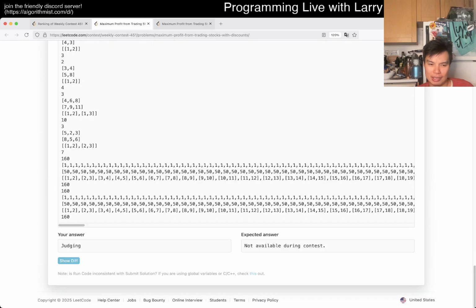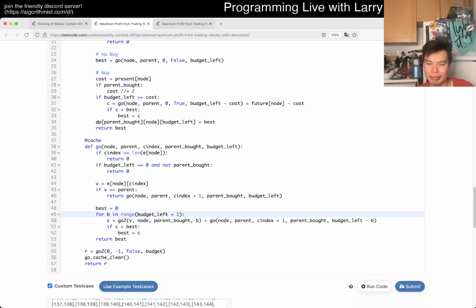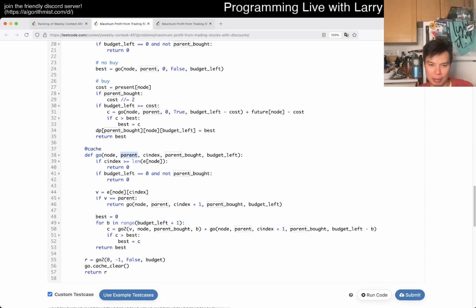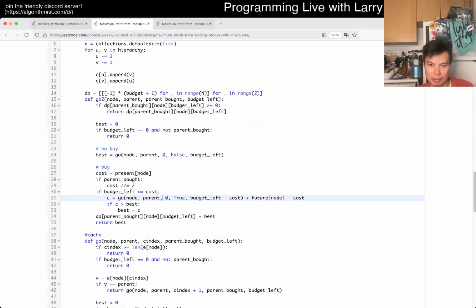Oh, that's why it's faster, because it was running smaller numbers. But I guess here we don't care about a parent. Oh no, we do care. This is where we care about a parent. This we don't care about a parent, but we use it to pass it in. Okay.